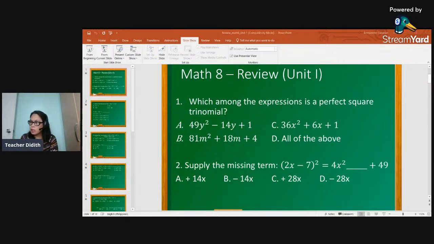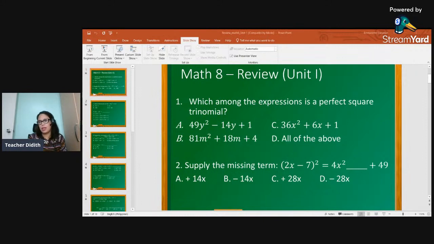Now in C, guys, the first and the last terms are perfect square expressions, but the middle term, the square root of the first and the last term times 2, is not the middle term. Okay? So there's no E here, guys. So until D na lang tayo. Hindi na ako nag-EE.